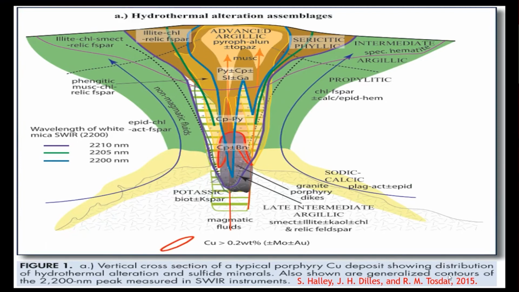So the result is going to be a shift from that aluminum-rich paragonite into a magnesium-rich muscovite, and finally into that iron-rich phengitic mica, which is grading towards and directly adjacent to that more mineralized rock.